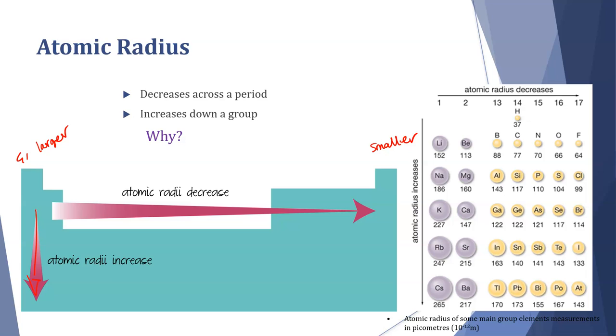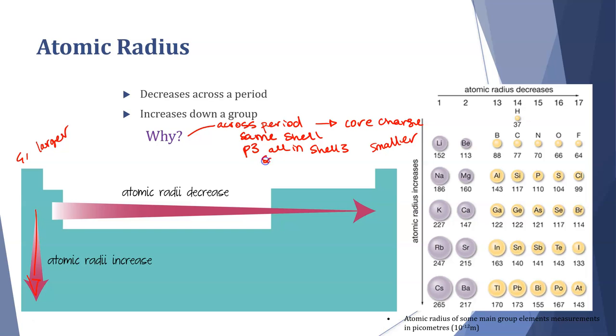When we think about this, there are two factors. Across the period, we are increasing our core charge as we move from left to right. So as we move from left to right, core charge will increase. They are in the same shell. Okay, so if we look at period 3, the valence shells are all in shell 3.